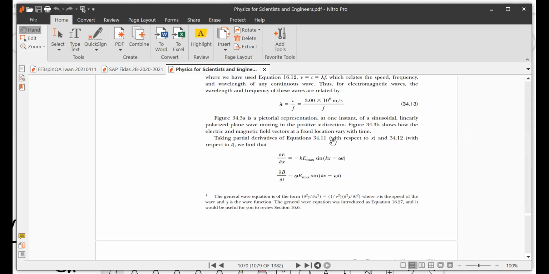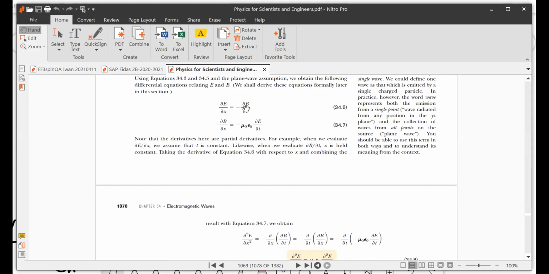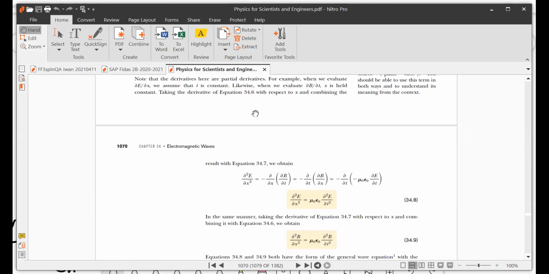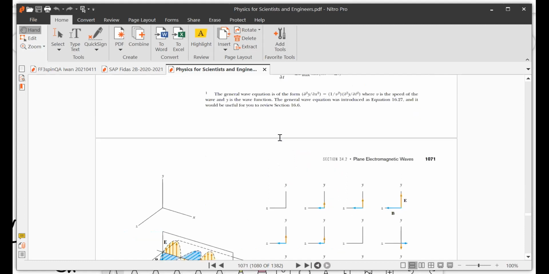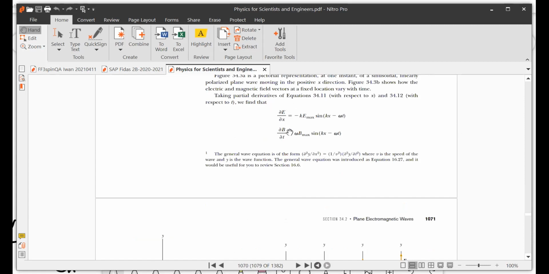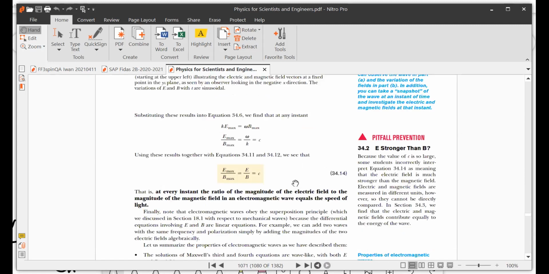Using this equation, dou E over dou x equals minus dou B over dou t, we get this one equal to minus this one. So it means that we get k E max equal to omega B max. So E max over B max is equal to c. So E max equals c times B max.